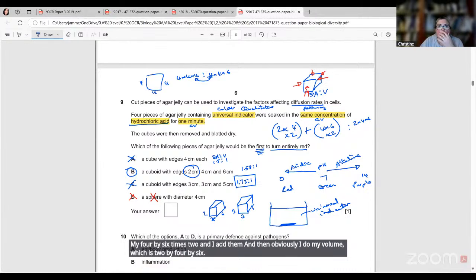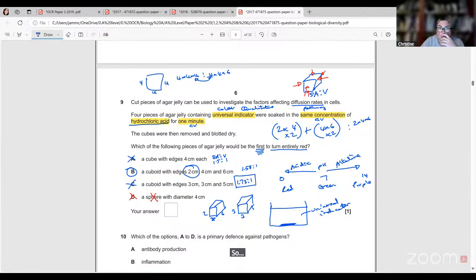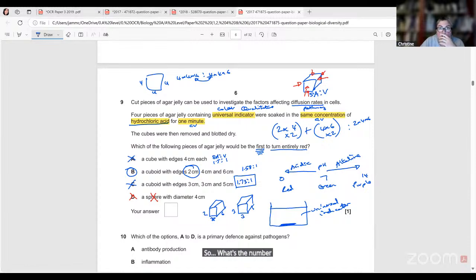So what's the number it gets? So 2 by 4 times 2.